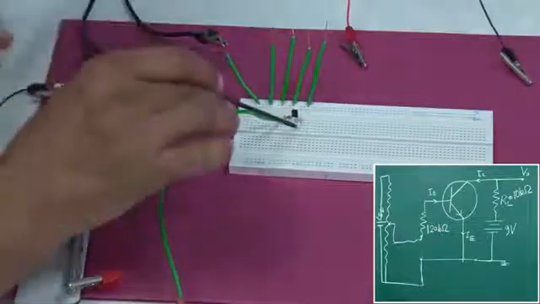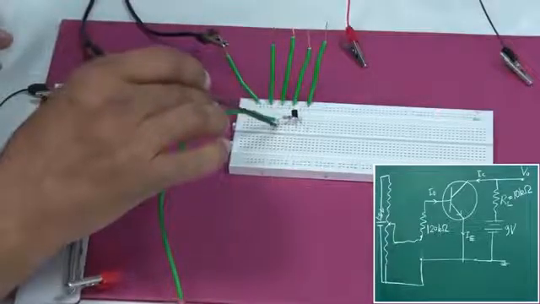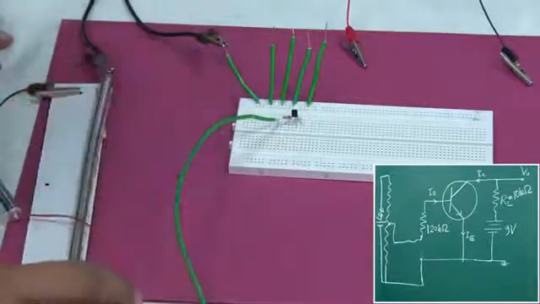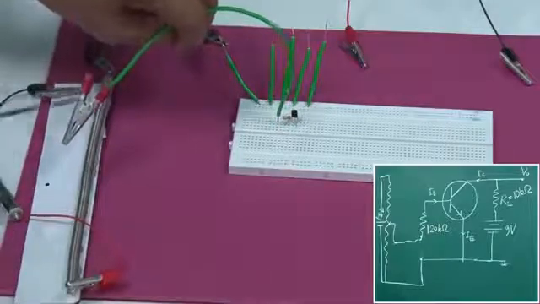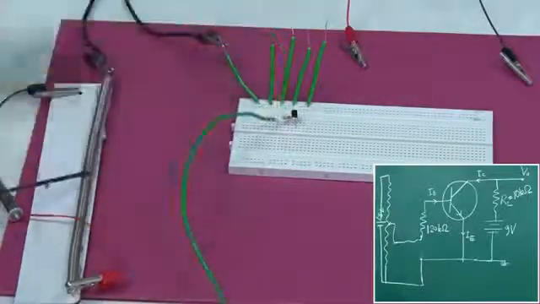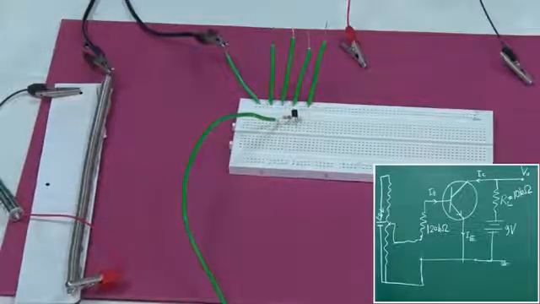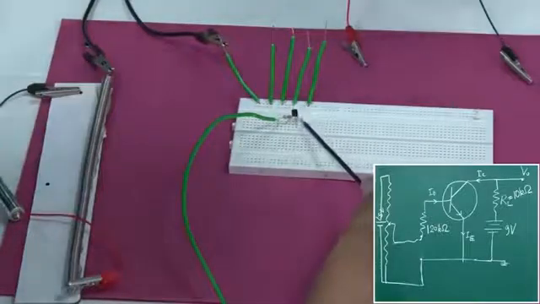I have the base. From the base, I have added 120 kilo ohm of resistance. From there, I have added this variable point, which I will be connecting somewhere, and this will be our input voltage. Now, the emitter has to be connected to the ground. Where is the emitter? This one is the emitter.